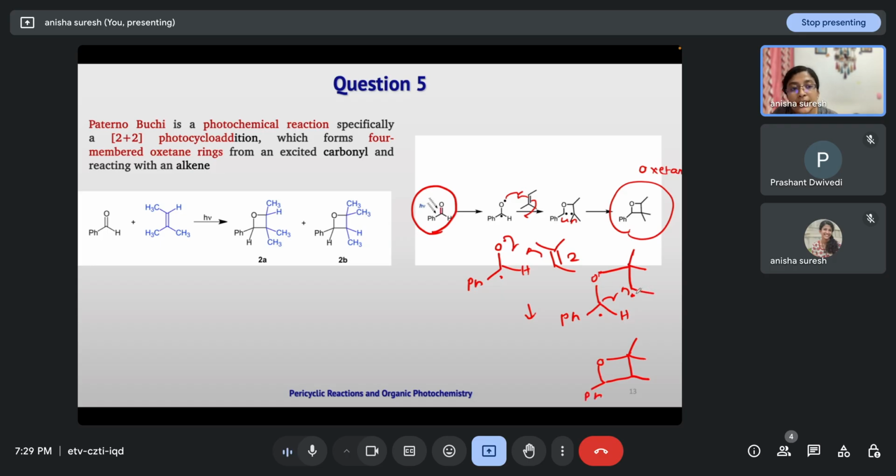But here you can see this is a secondary radical, whereas in the other case it is a tertiary radical. Tertiary radical is more stable compared to the secondary radical, so this will be the major product that is formed.